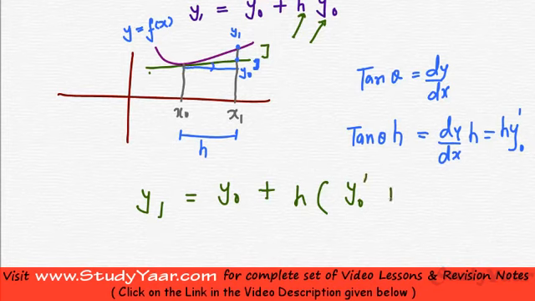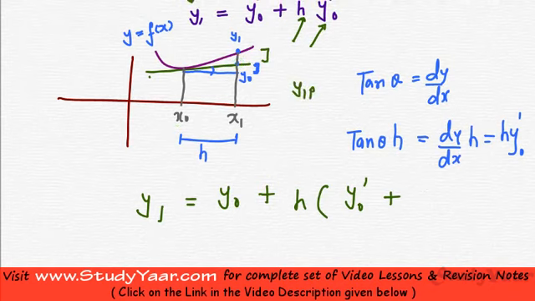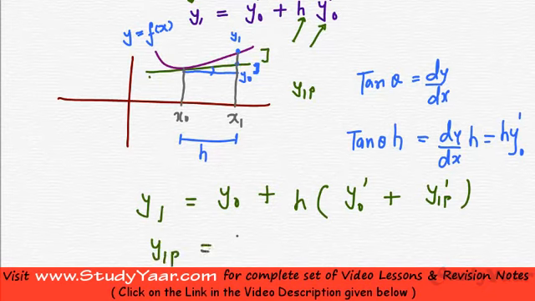Let's say you call this point y1p, so the slope at y1p is going to be y1p dash. And what is this y1p? y1p is the y1 value that you have calculated using your regular Euler's method. So your y1p is y0 plus h into y0 dash.